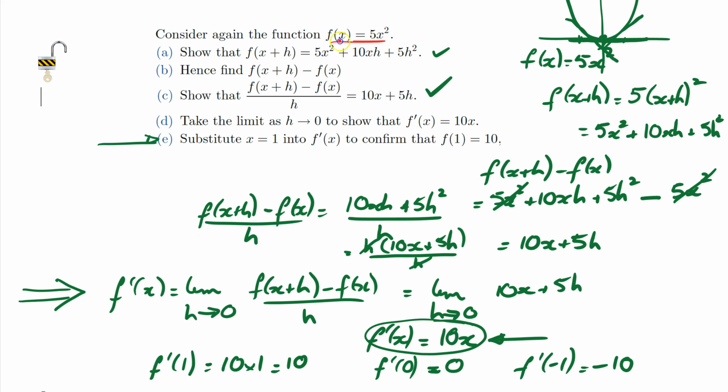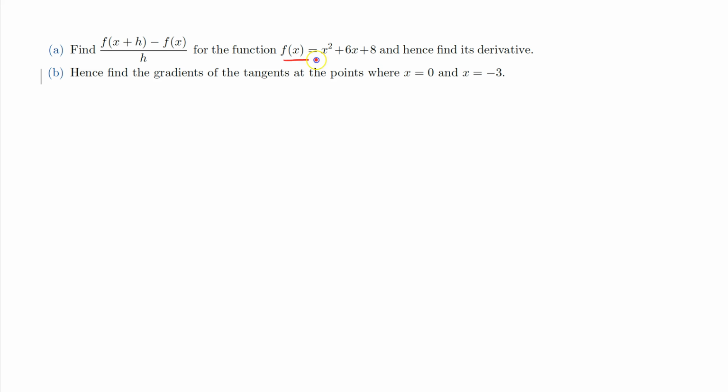When this was the function, 5x squared, we got as our derivative 10x. So 5x squared became 10x. Now when this is our function, I'm going to tell you, some of you, as I said, probably already know, that the derivative of this is going to become 2x plus 6.